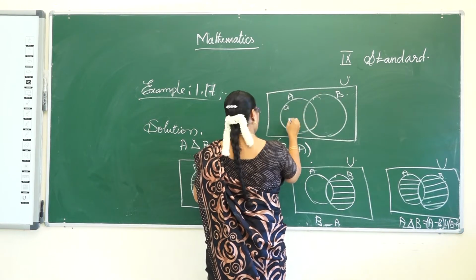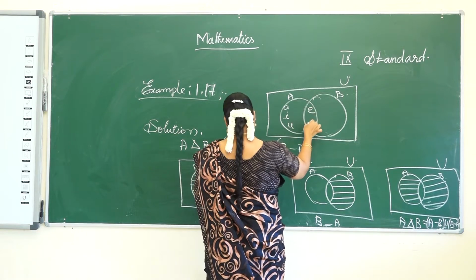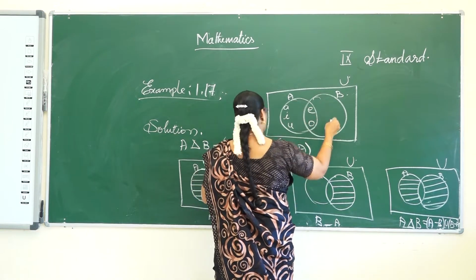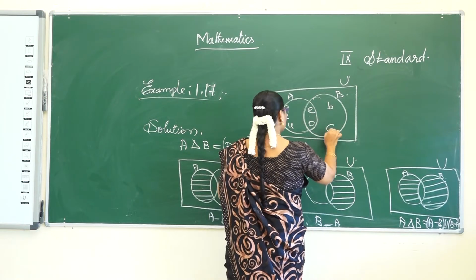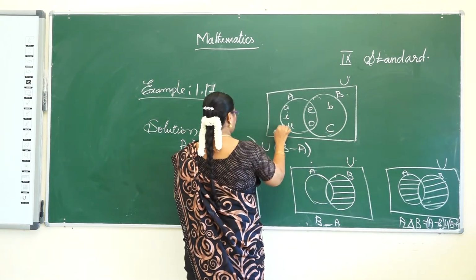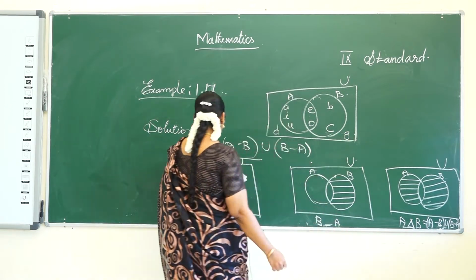A contains the elements A, I, U, E, O, and B contains the elements E, O, B, C, and the universal set has D and G in the given diagram.